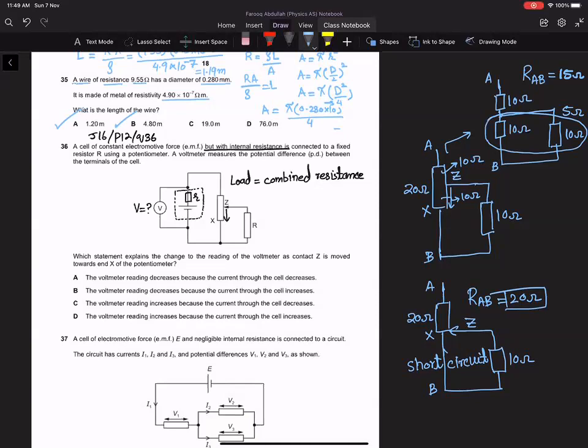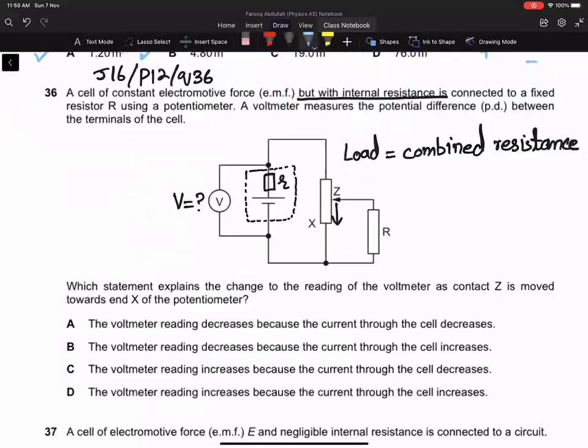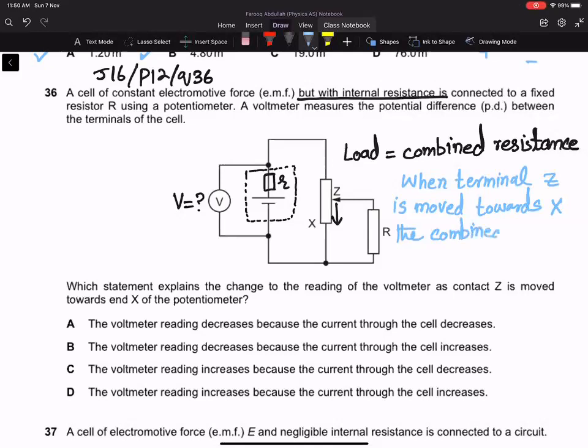Otherwise, one thing that you must know is that when terminal Z is moved towards X, the combined resistance increases.